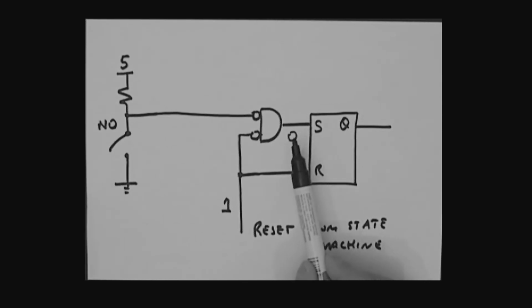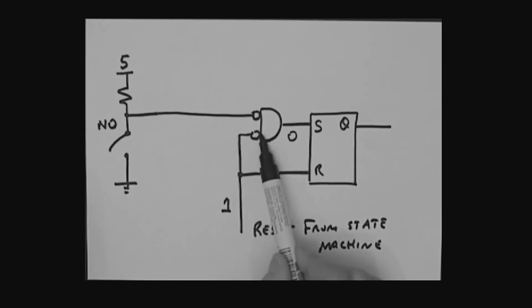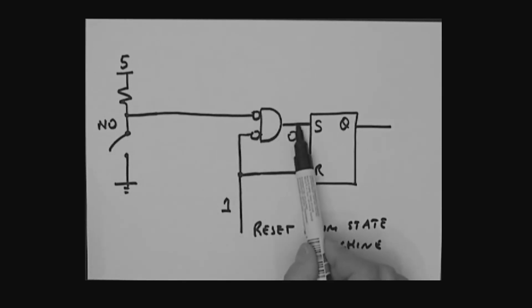Before starting part 4, I want you to convince yourself of what I've done here as a workable solution, whereby the reset from the state machine basically forces this S to be a 0. When the reset from the state machine has not been generated, in other words, this is a 0 coming in here, what's the other side here? It is a 1, isn't it? And so if somebody presses the button, will this indeed cause this S to become a 1?